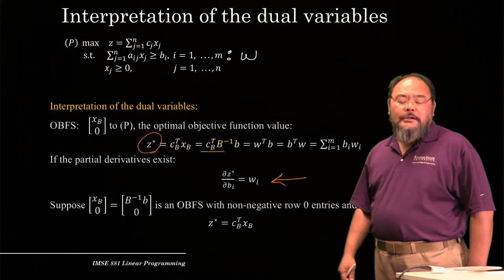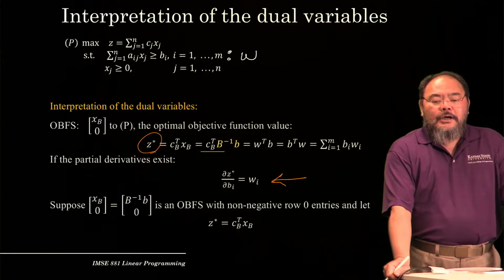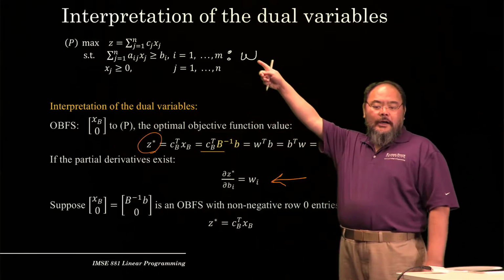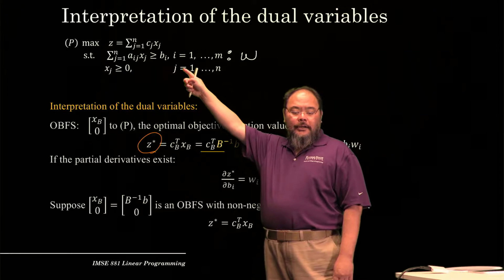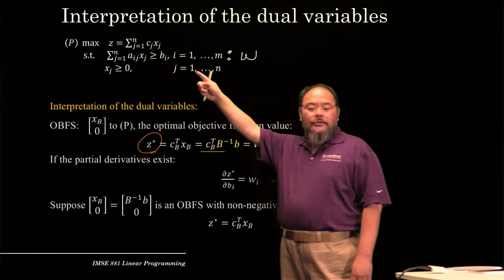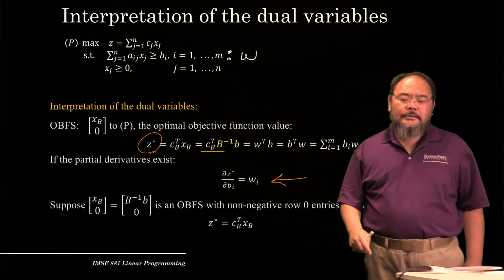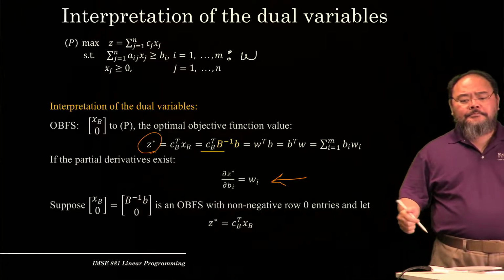So any increase or decrease on bi, which is one of the right hand sides on this constraint, the resources on this constraint, will change the objective function by omega i. That's the case.